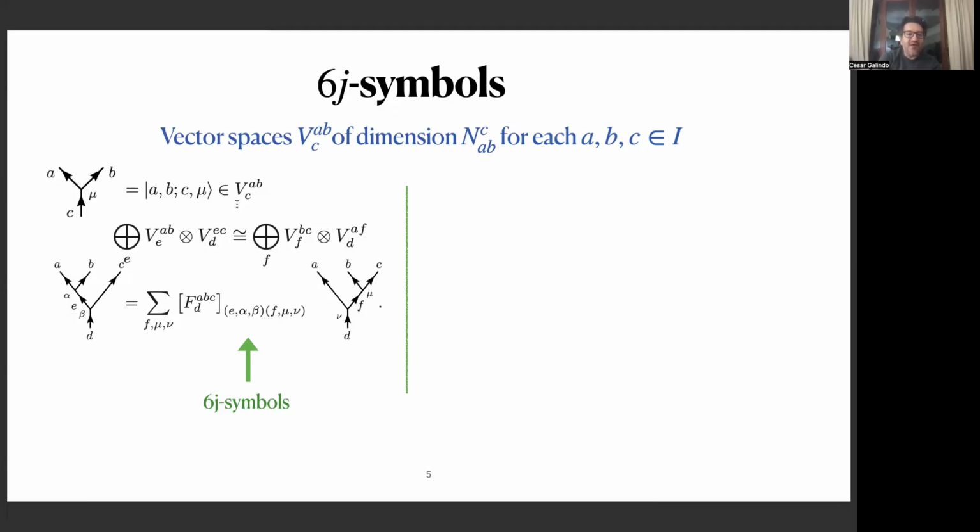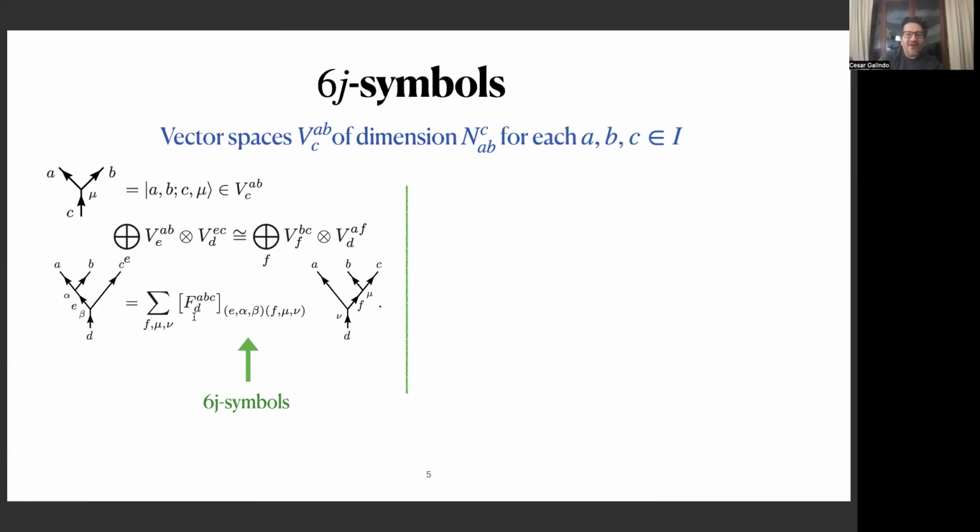If you have this basis on this vector space, this also has a natural basis given by the tensor product of the bases, and this basis is denoted diagrammatically in this way. And so we have an isomorphism from here to here. So to this basic element, it associates a linear combination of the basis elements.